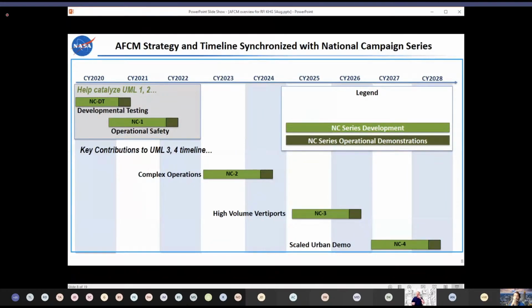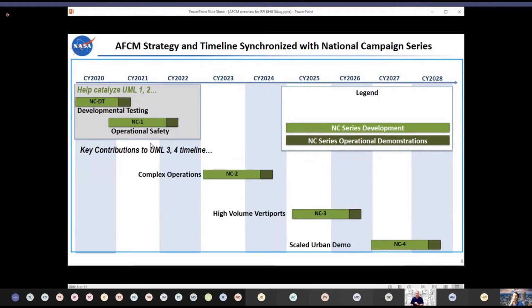So in terms of the AFCM area, our strategy and our timeline is synchronized with the national campaign series. And again, I expect that most of the people on the call today are familiar with that, but I just want to take a couple of slides to make sure everybody is on the same page and talk about what that means from an AFCM perspective.